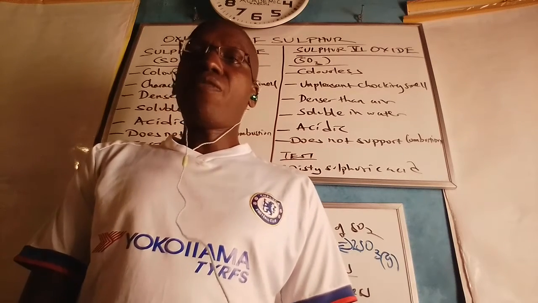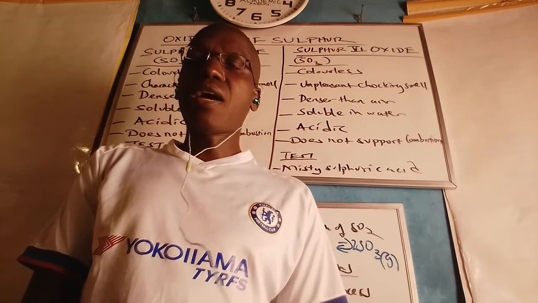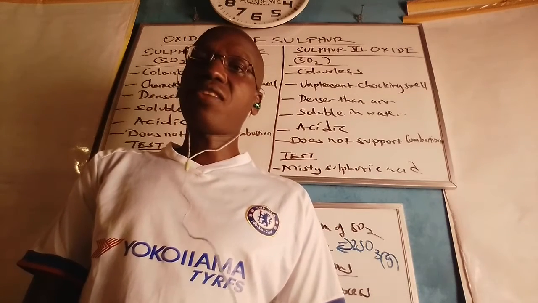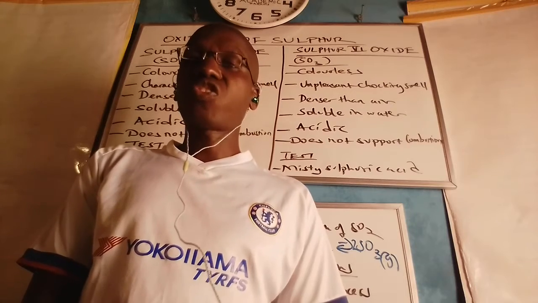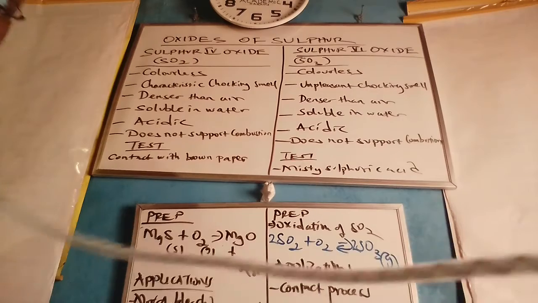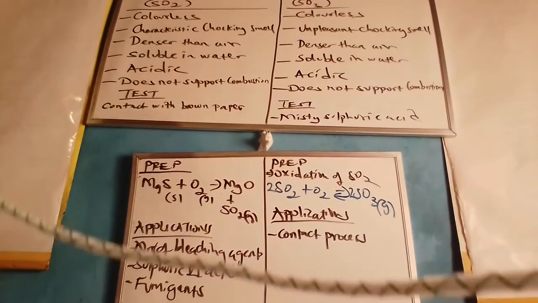Now, both of them do not support combustion, so they will extinguish a burning splint. Both of them are acidic, because when they dissolve in water, they form acidic solutions. And we have concluded that their main application is the large-scale manufacture of sulfuric 6 acid.